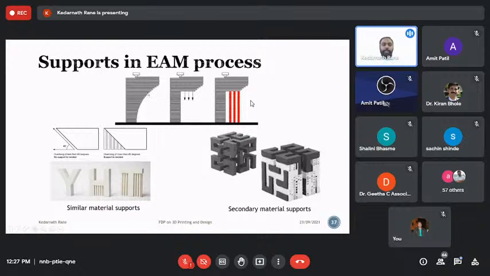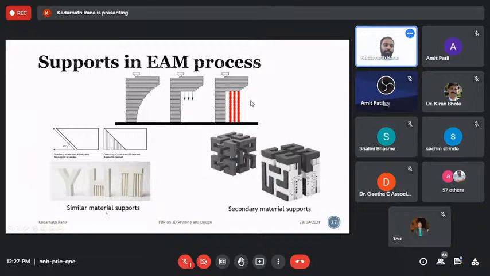If you have a gradual increment of the layers, you don't need any support. But if you have a sharp change, you require support here. And you can have this support manufactured through the same material or different materials.